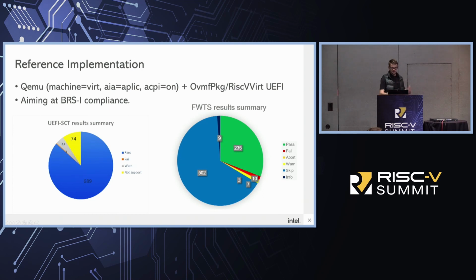For the UEFI system testing, we're looking at passing about 75%. And for the firmware compliance testing, the canonical side, which includes ACPI, it's even more, but there are more tests that need to be written. In this specific case, we targeted a QEMU configuration that had AIA and was booted with ACPI.